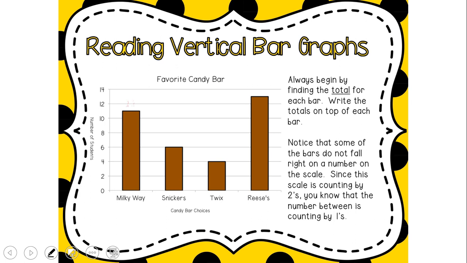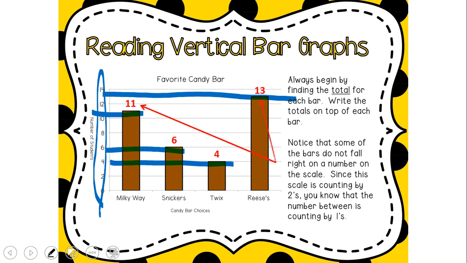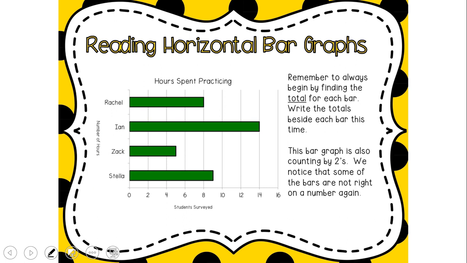So when we read our bar graphs, we first need to look at the scale to see what the scale is. And then we just read across the lines to see where we are at. So we have 11 Milky Ways, 6 Snickers, 4 Twix, and 13 Reese's, okay? And we can also have vertical bar graphs, which are my favorite.